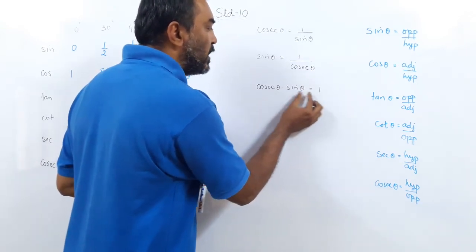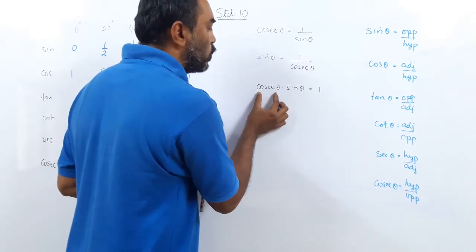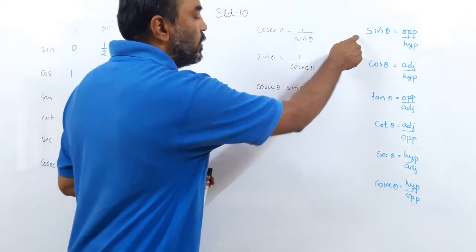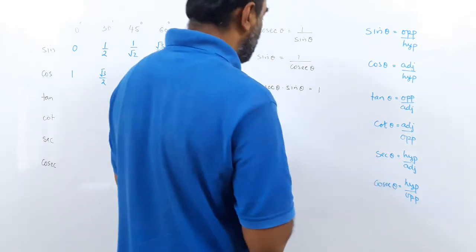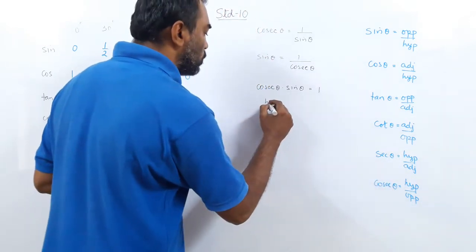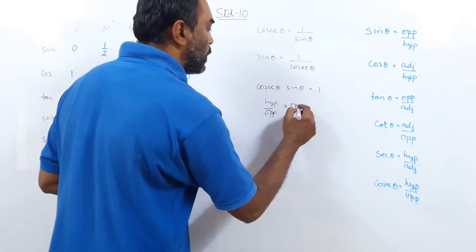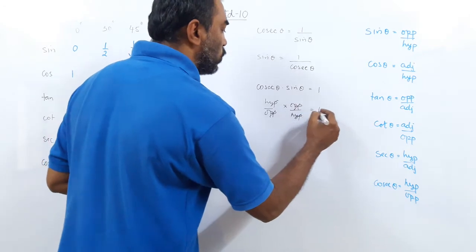Cosec A into sine A equal to 1. Cosec R into sine R equal to 1. Cosec Q into sine Q equal to 1. So these two angles have to be equal, then they are reciprocal. So if you multiply cosec, hypotenuse upon opposite, into sine, opposite upon hypotenuse, you will always get 1.